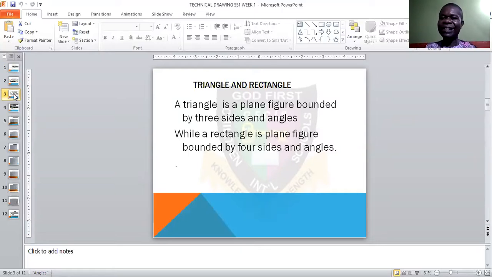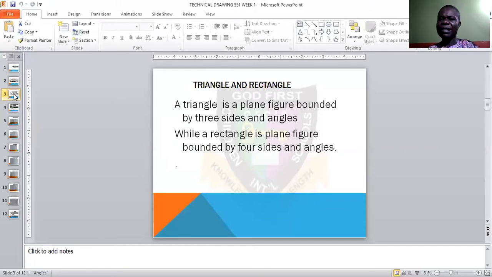So a triangle is a plane figure bounded by 3 sides and angles. Remember we said it could be equilateral, could be isosceles, that is having 2 sides equal. It could be scalene, having none of its sides equal, as the case may be.